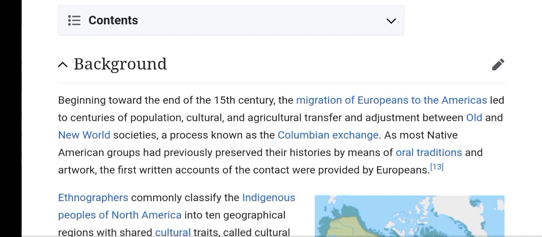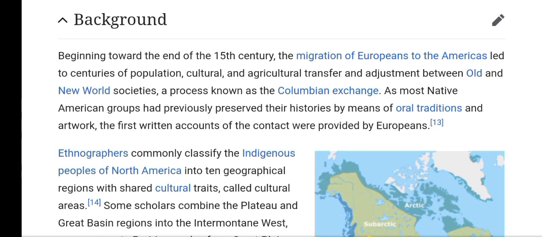So, when we talk about the background of Native Americans, we start at the end of the 15th century. The migration of Europeans to the Americas led to population, culture and agriculture transfer and adjustment between old and new world societies, a process known as the Columbian Exchange.